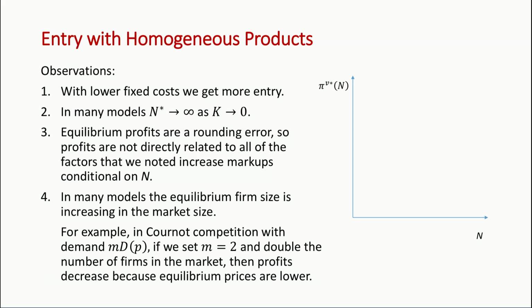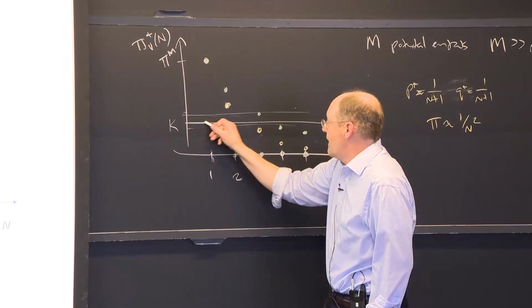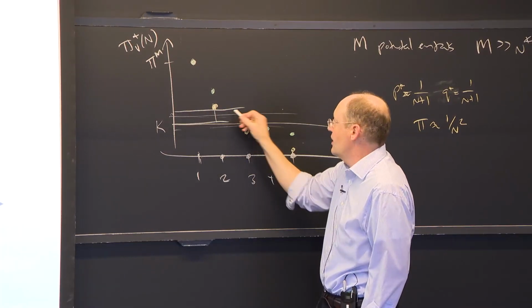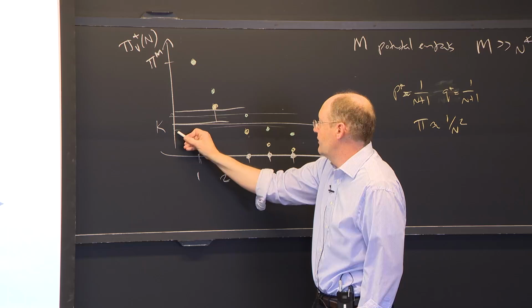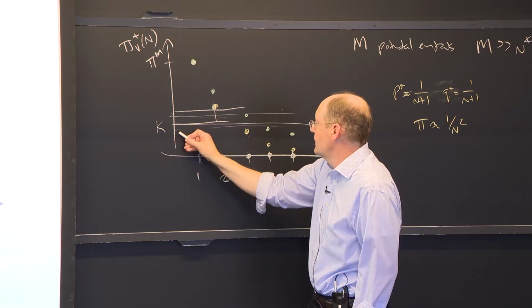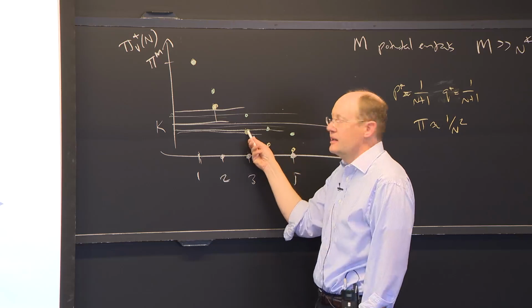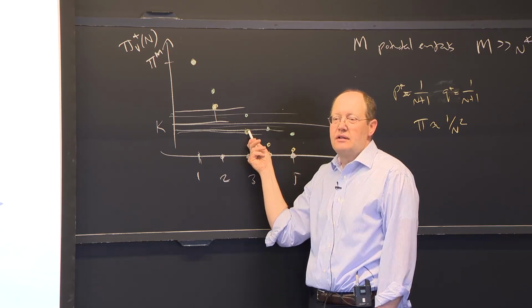Profits in this model are a rounding error, and we've spent all this time working on markups, but here, if this happens to be the fixed cost, you get pretty big profits. If this was the fixed cost, you get very little profits. If the fixed costs drop to here, you get even higher profits. When they drop more, you get hardly any profits at all.